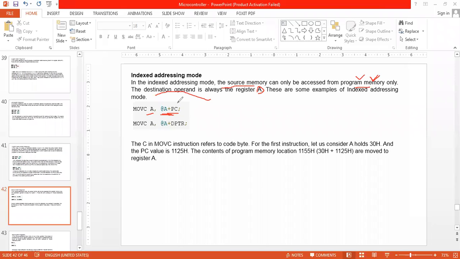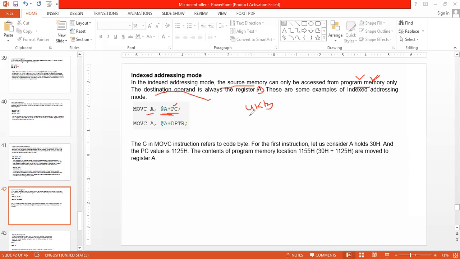The PC always stores the address of the next instruction, and that instruction is stored in the ROM space. We have 4 KB of internal ROM, and the external ROM can be anything: 8 KB, 16 KB, or up to 64 KB of external ROM can be connected to the 8051.